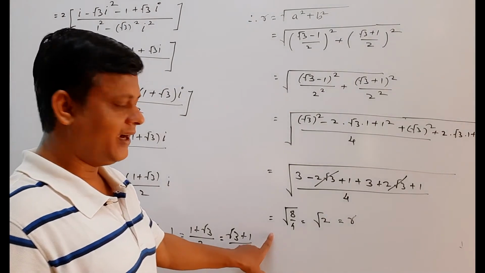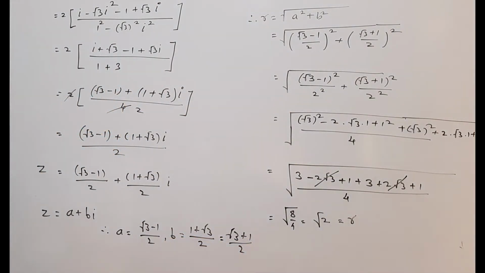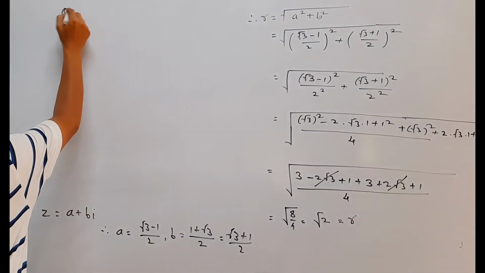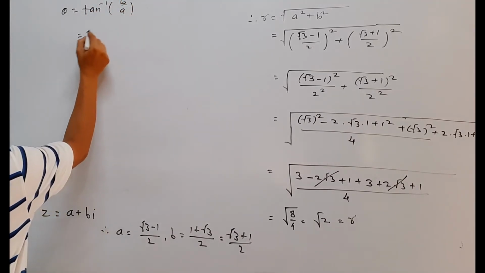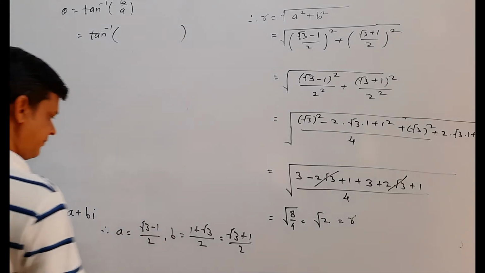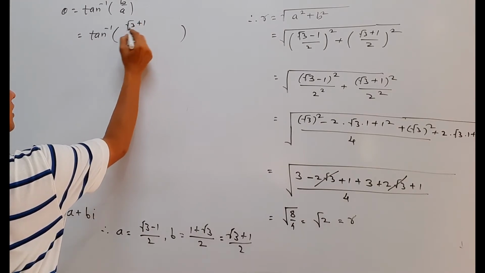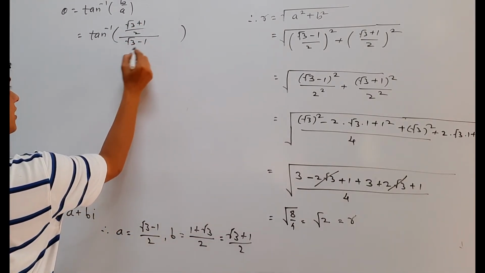Now we have to find the value of theta. So theta is equal to tan inverse b by a, that is tan inverse. The value of b is (root 3 plus 1) upon 2, and a is (root 3 minus 1) upon 2.